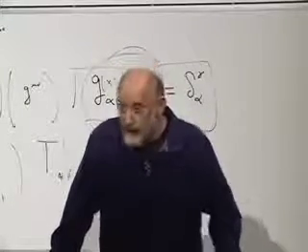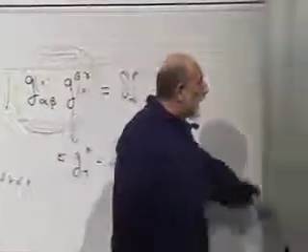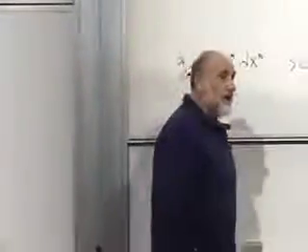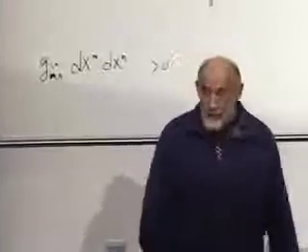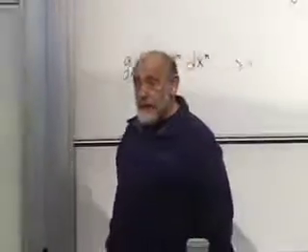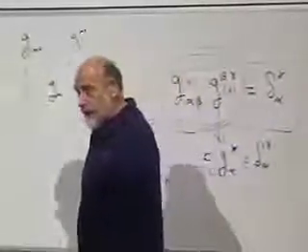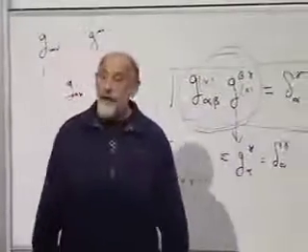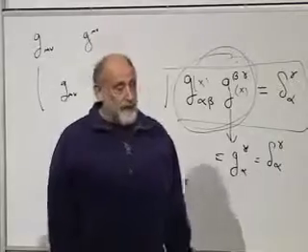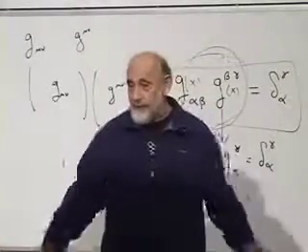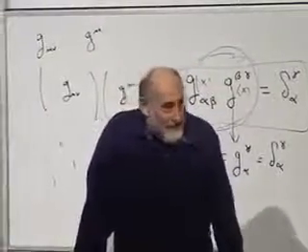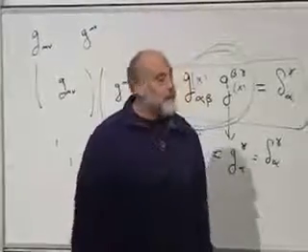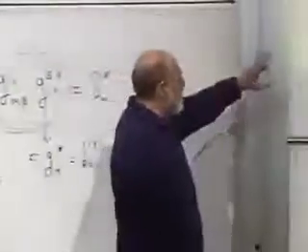Positive eigenvalues. So it means that the eigenvalues of g_mn are positive. That's about the only thing that is required. And of course, if all the eigenvalues are positive, then any vector will have a positive squared length. So if you think of this as the squared length.